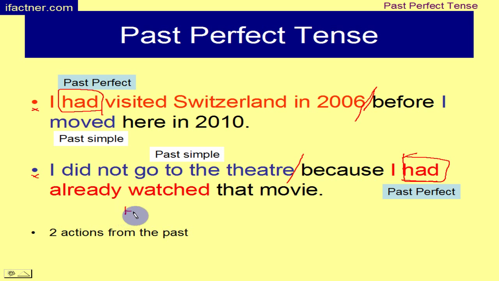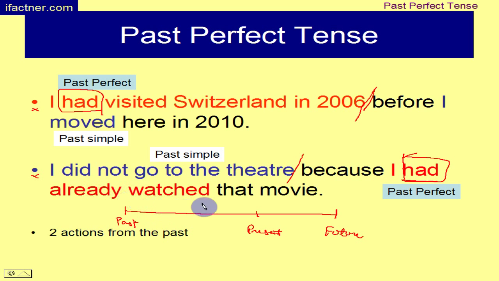Let's draw a timeline. This is past. This is present. And this is future on our timeline.